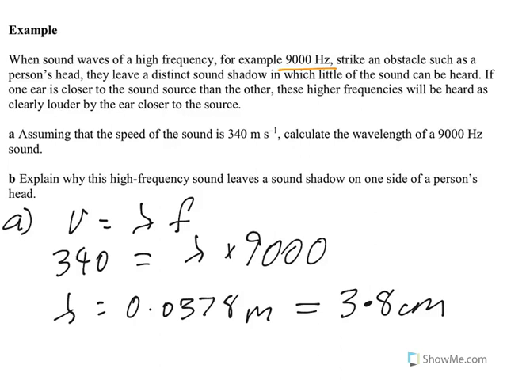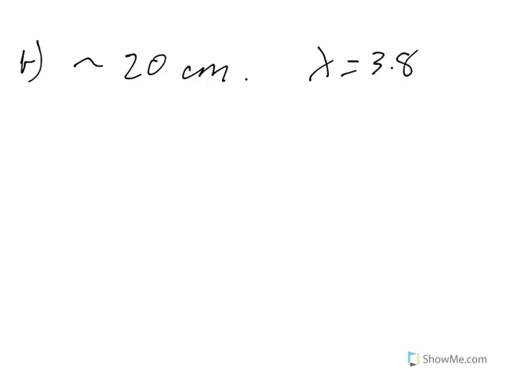So how big is a person's head? It's a lot greater than 3.8 centimetres. In fact, if you get your ruler out, as I'm sure you probably will, a person's head is about 20 centimetres wide, and our wavelength is 3.8.